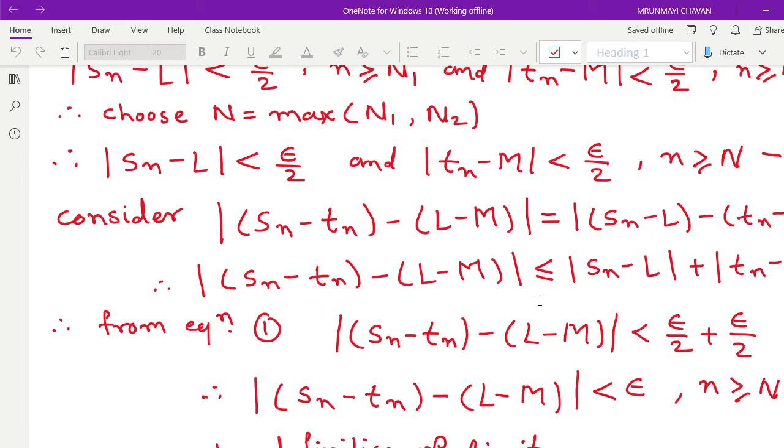So now this is less than or equal to, we separate these two terms in modulus as mod Sn minus L plus mod Tn minus M. So here also we have used the property of modulus: mod A minus B is less than or equal to mod A plus mod B. You see here is a minus sign and here is a plus sign, but we can write like this.